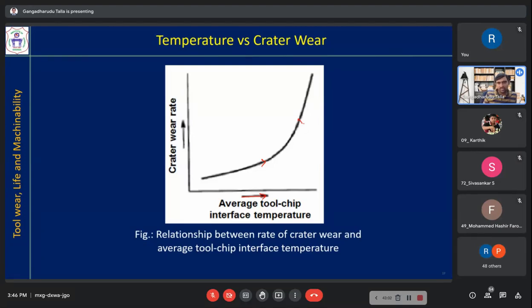There will be more adhesion if the temperature is high, and more diffusion also if the temperature is high. Hence crater wear will increase with the temperature. Up to some temperature it is very gradual, but once it reaches a certain high temperature, then it will be very rapid.